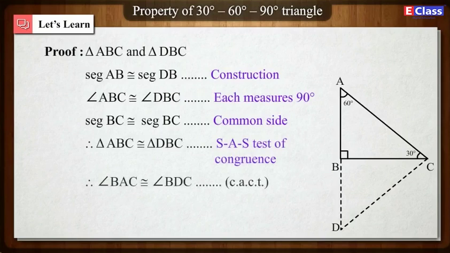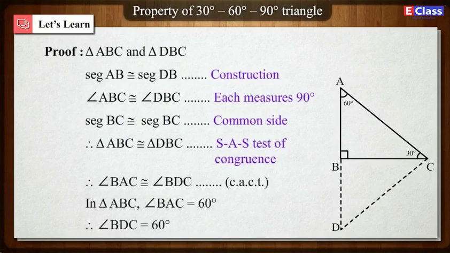Therefore, angle BAC is congruent to angle BDC by CACT. In triangle ABC, angle BAC is equal to 60 degrees. Therefore, angle BDC is equal to 60 degrees.